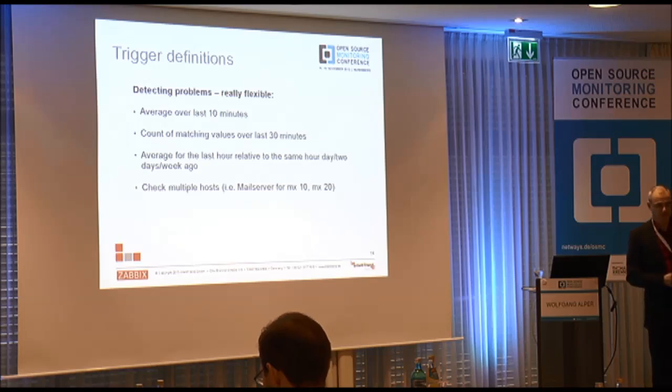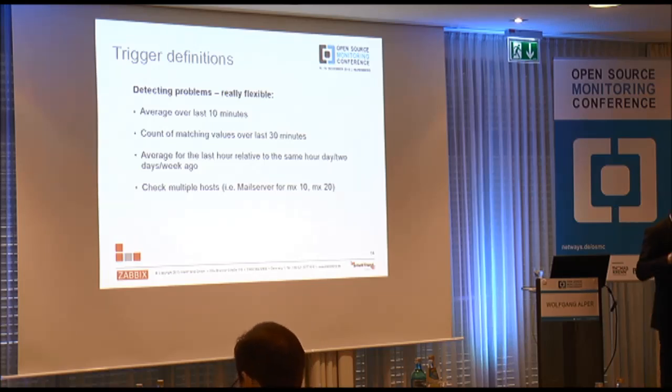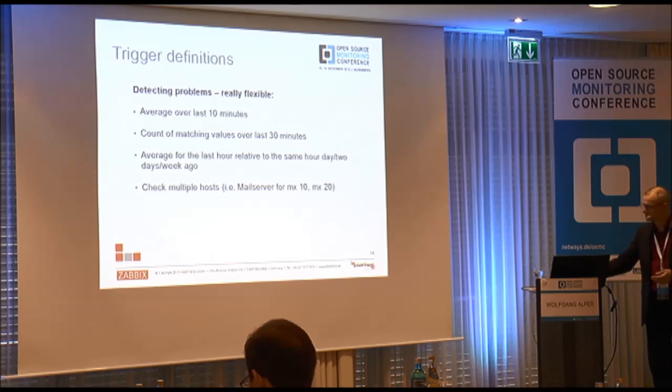If mail server 20 goes down and 10 is up, same story. 1 is left, so we are fine. If both go down, then we are in trouble because we have no mail server running, and that's exactly what it's talking about. So each trigger for each mail server on its own will fire a different severity as the trigger that looks to both, or to the availability of both mail servers. Yeah? So you can define triggers across multiple hosts and across different items.